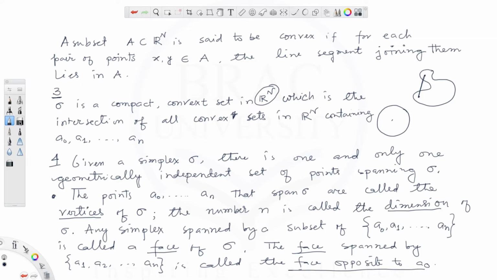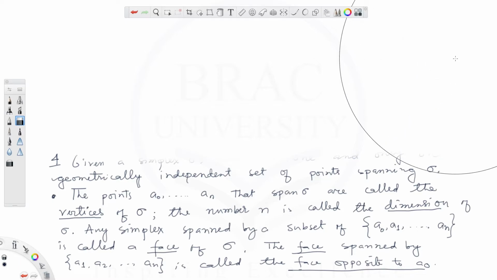It's time to give you an example first. In R3 one can have 4 points to form a tetrahedron. Let me draw the picture of a tetrahedron.